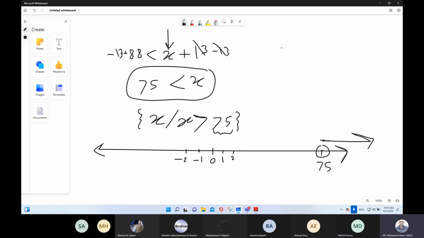But if you have just solve, just do up to this step. But if you have an additional choice, find or graph this inequality, you can continue. Okay? Okay.